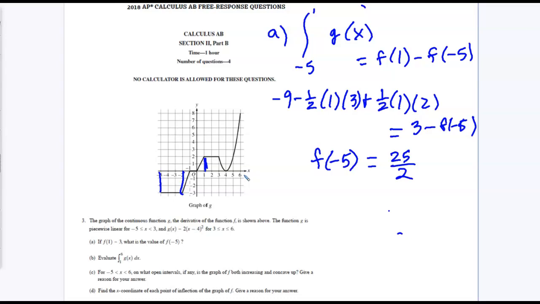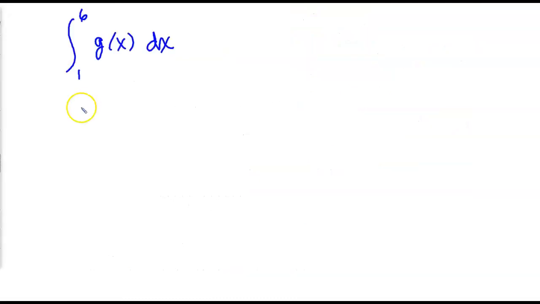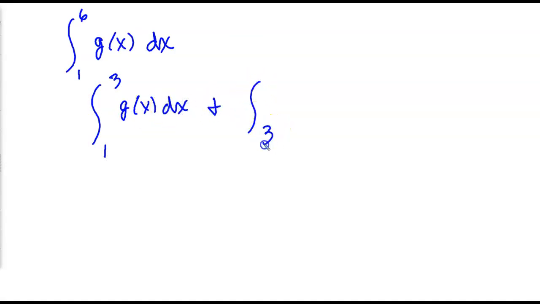So to do that, I have to break this up into 2 parts. So it's going to be the integral from 1 to 3 of g of x dx, plus the integral from 3 to 6 of 2 times (x minus 4) squared dx.